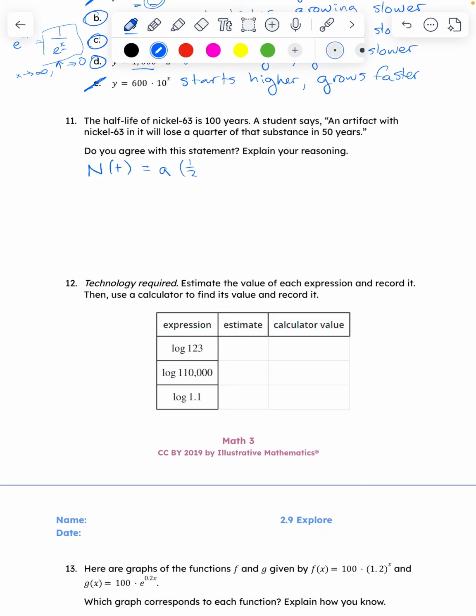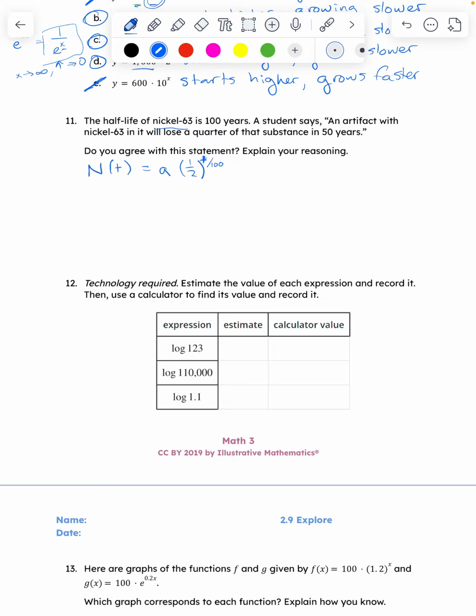And I am taking it to my time over 100 years. So putting that 100 in the denominator of my exponent lets me plug in an even number of years and sort of auto-converts when I do that. Okay. So there's a function that's going to model the behavior of nickel 63.